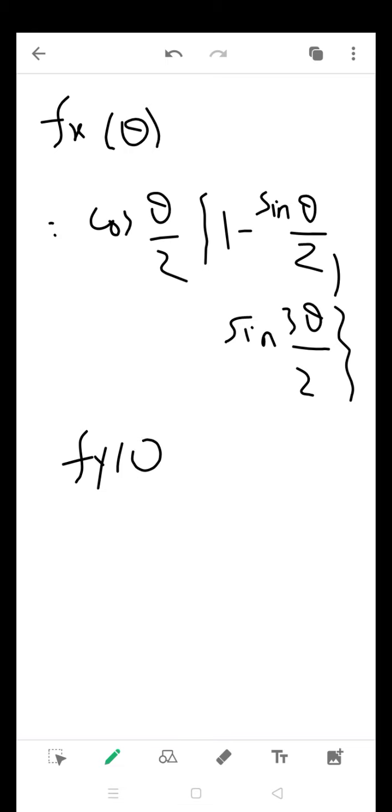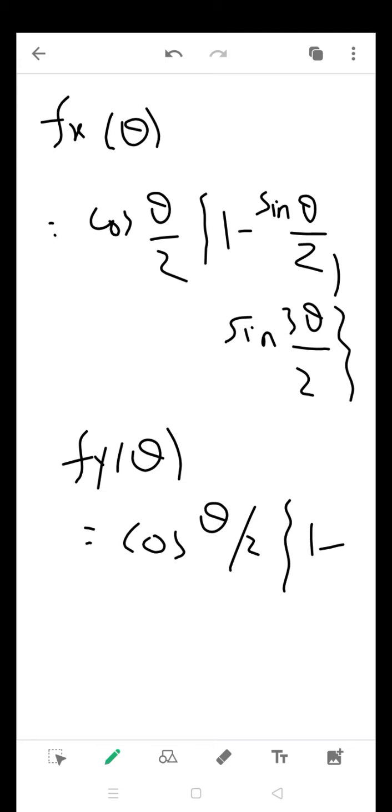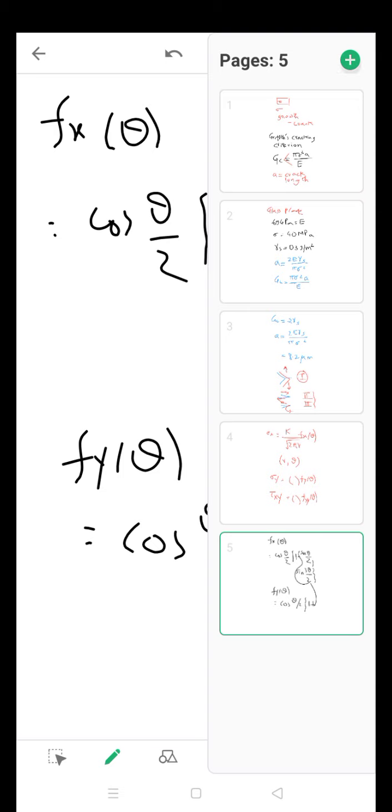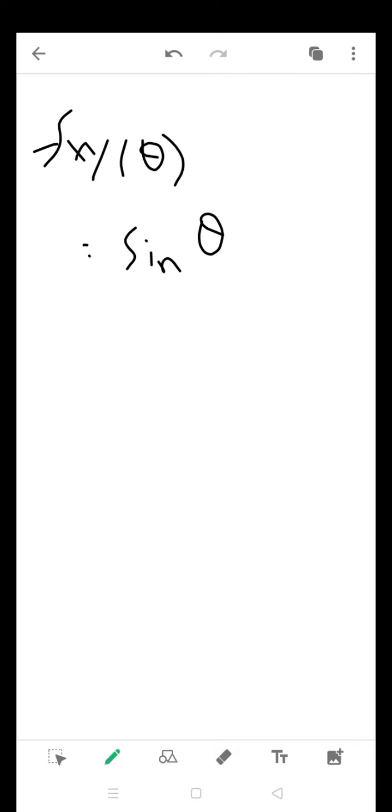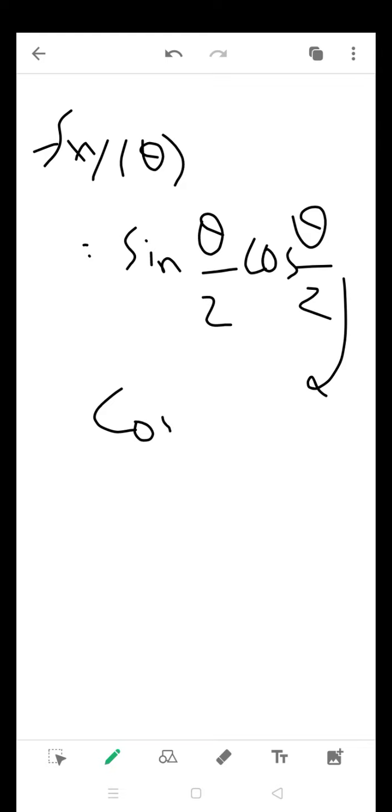Fy theta is cos theta by 2, 1 plus the same thing that we have here, and fxy theta is sine theta by 2 cos theta by 2 into cos 3 theta by 2.